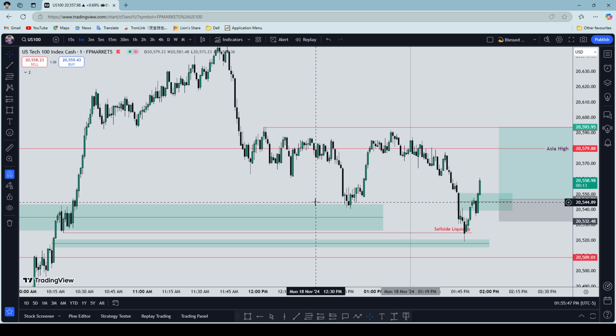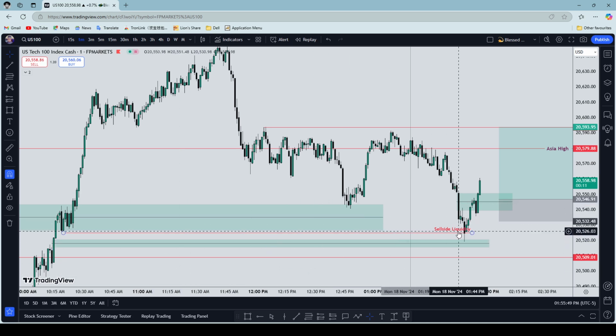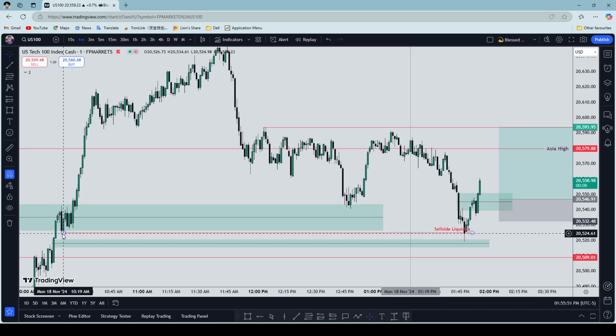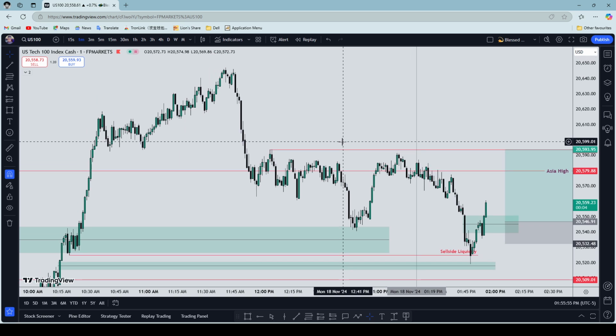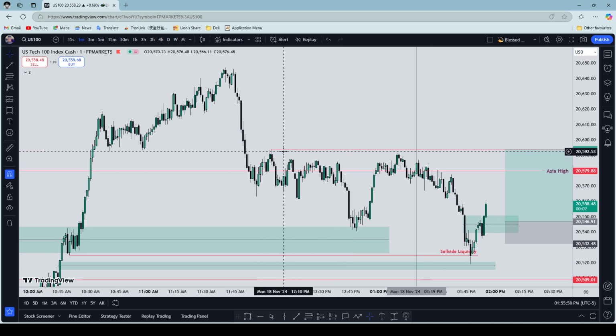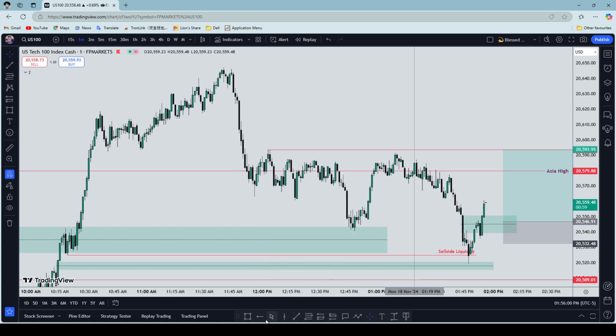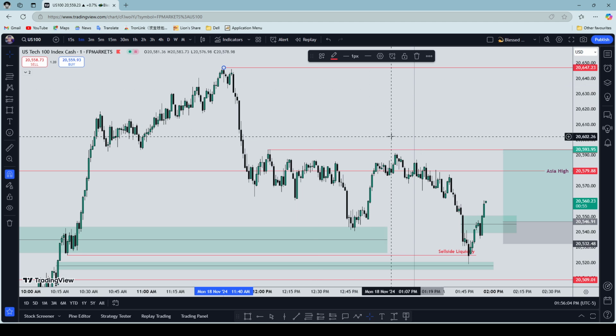Why do you call this area sell side liquidity, and why am I marking out all these places like this? Why is this here?